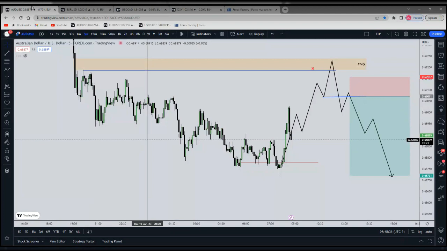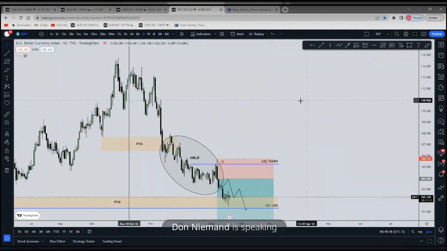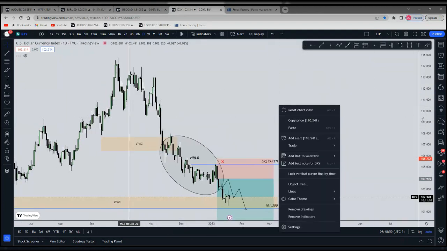Guys, sorry. Don't you think that DXY is bullish right now? Like we can actually sell GU or EU maybe.